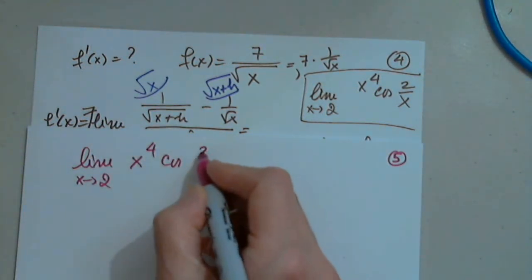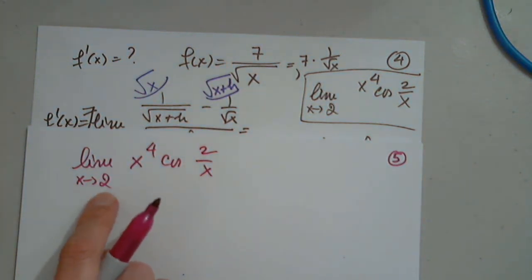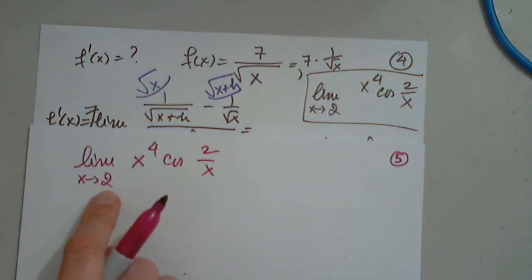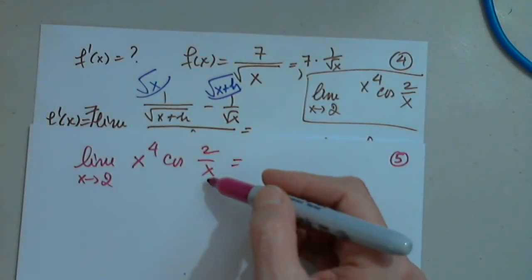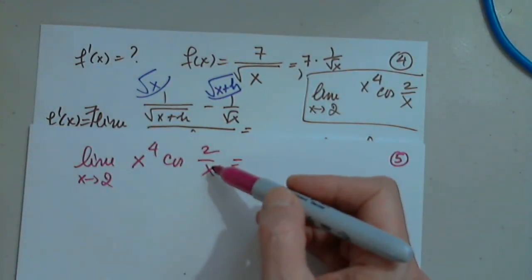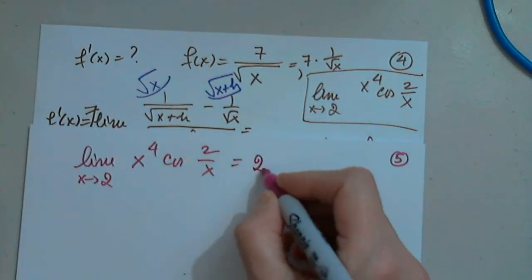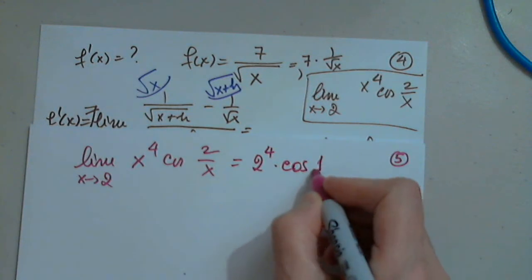Yes. So this is 2? Yeah. Okay, very good. So 2 over 2 is 1, cosine 1 radian, and this is 2. So it will be 2 to the 4th times cosine 1 radian.